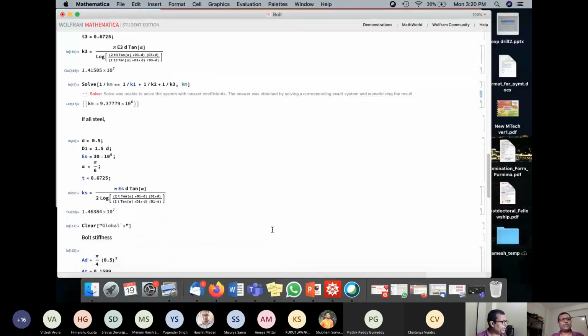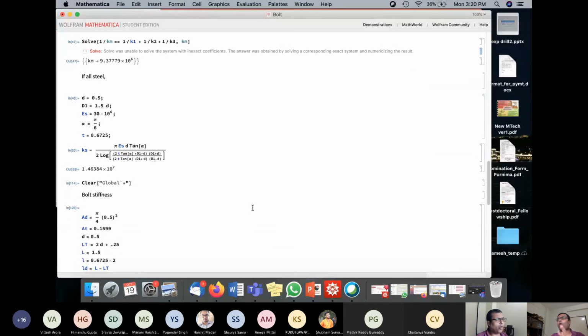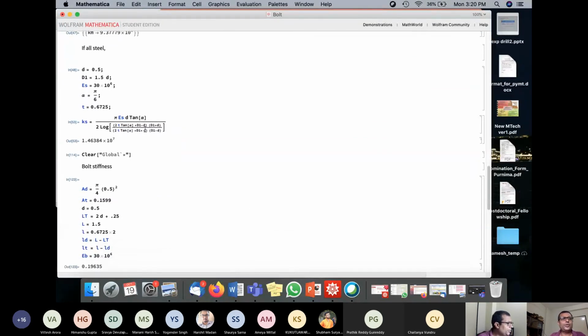If I have to find the member stiffness assuming all steel, it's very easy. All you do is assume that it's all symmetric. So you put the steel properties here, D1, 1.5D, and I use the same formula if you remember, 2T or L. So assume 2T, T is equal to 7.65. 2T is nothing but the total grip length.